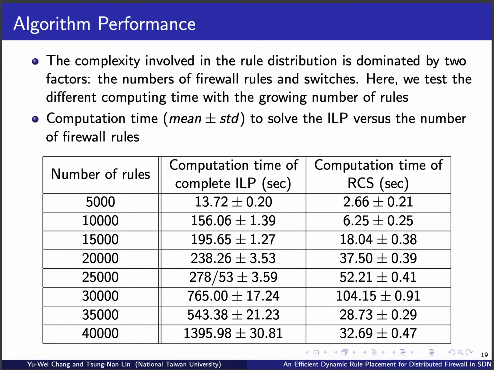The complexity involved in rule distribution is dominated by two factors: the number of firewall rules and switches. Here we tested different computation times with the growing number of rules. On the left column, we can see that the original ILP problem will cause exponential time, especially when the number of rules grows to 40,000.